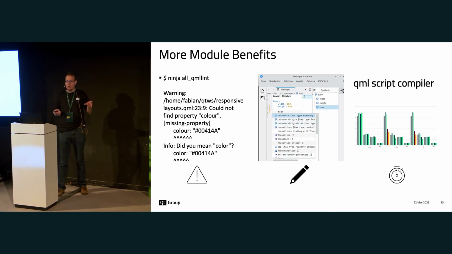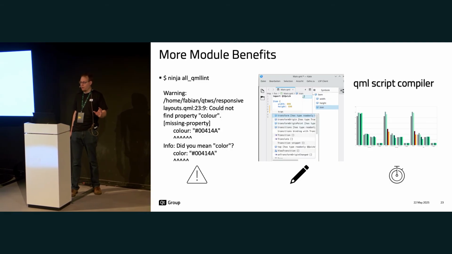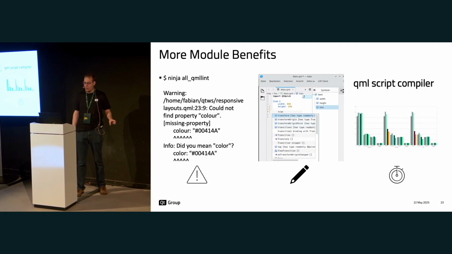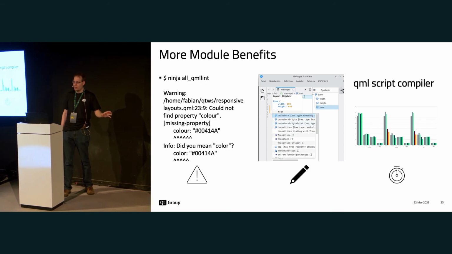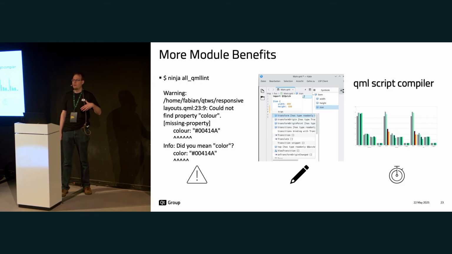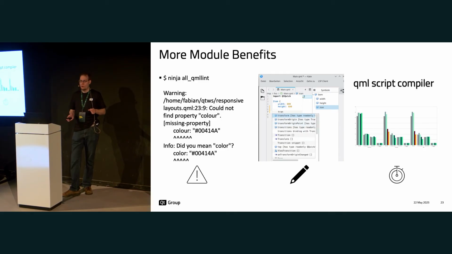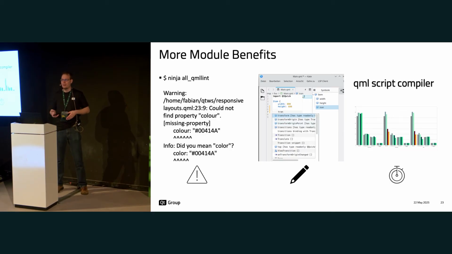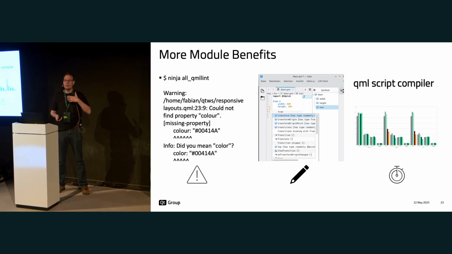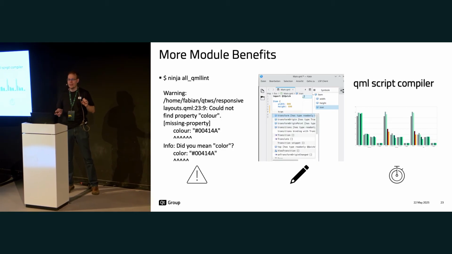And if you do all of that, you also get a few benefits for free. You get integration with the QML linter, which helps you find mistakes at compile time, not at runtime. You can use your favorite IDE for QML. So I've picked Kate, not only because I'm a KDE developer and that's how I started with KDE, but also because we as a Qt company don't do any work on Kate, for better or worse.